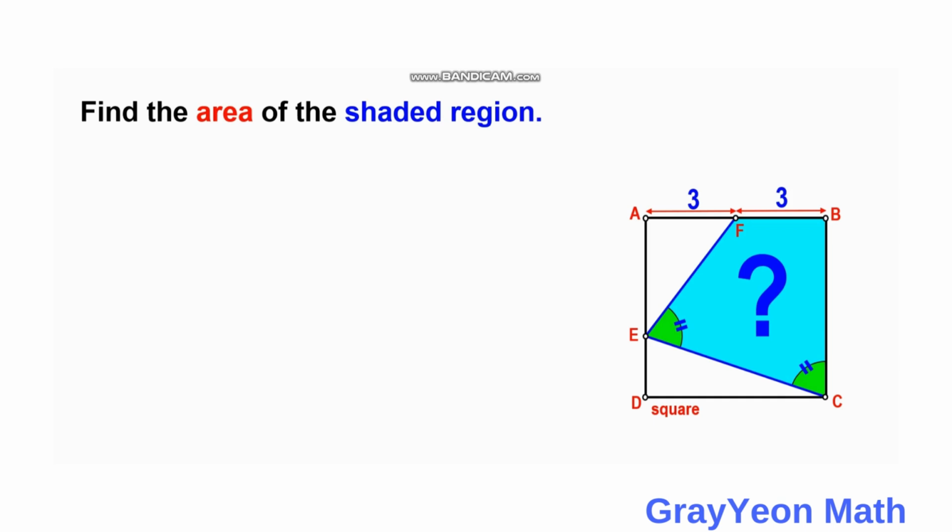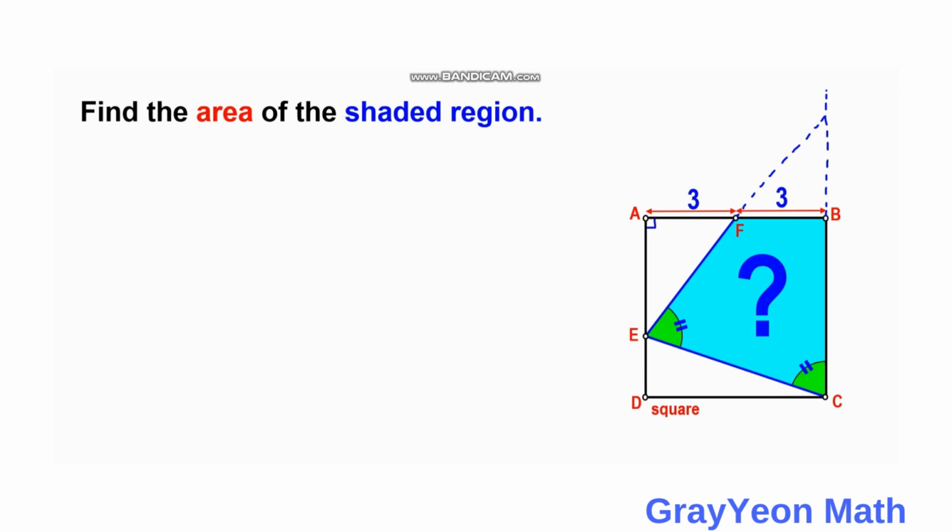Okay, so first thing that we can do is we can actually draw a vertical line upwards from B. And we continue the segment EF until it intersects the segment that we have drawn earlier, the first one. So notice that from a square, this is a 90-degree angle.